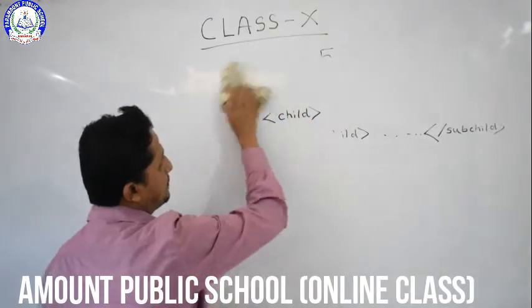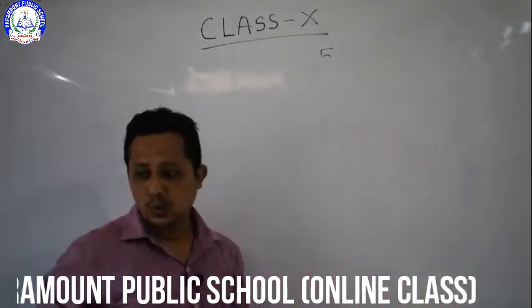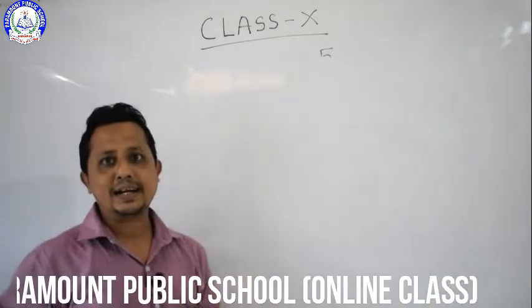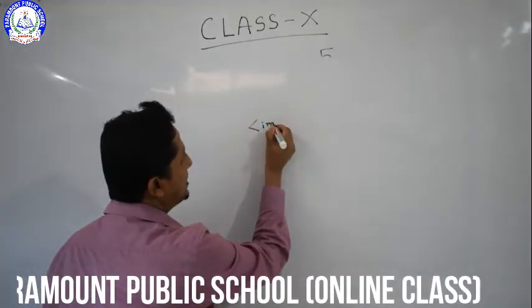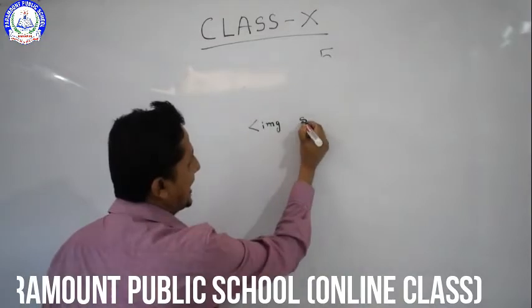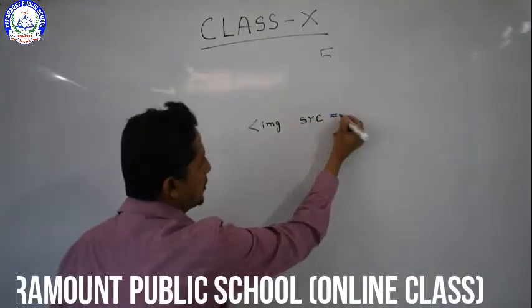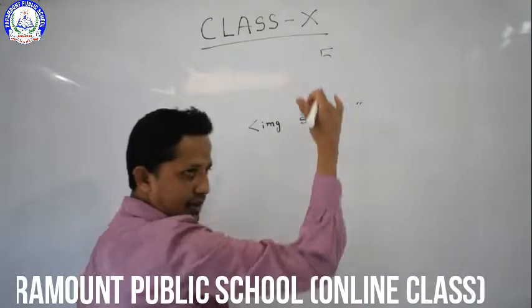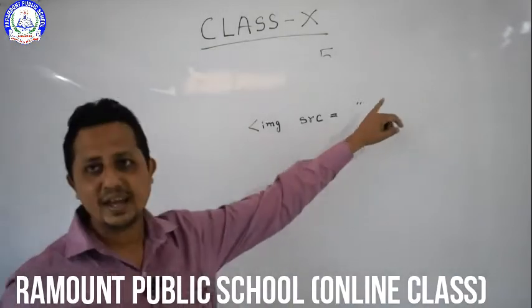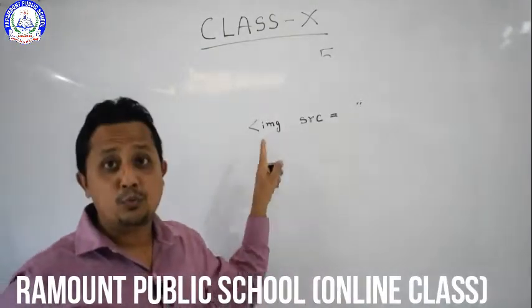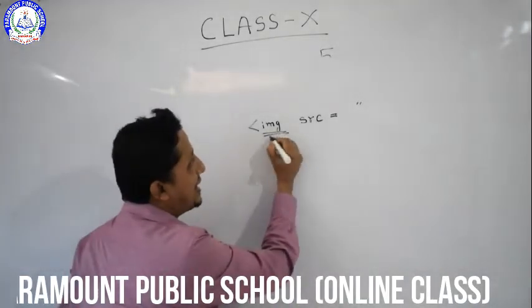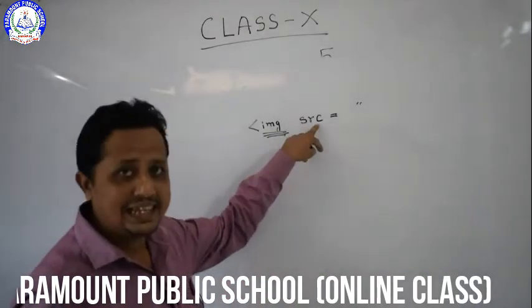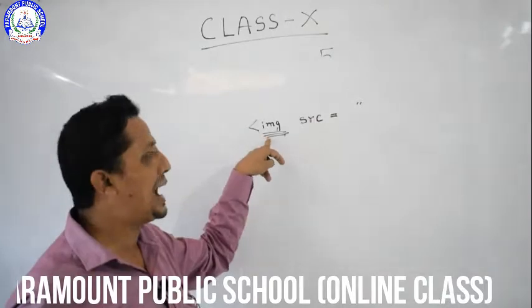Say, for example, I want to insert an image. The tag will be img space src equals, and I give the URL link of the image. Here, for inserting the image we must use the tag img. src is an attribute of the img tag.